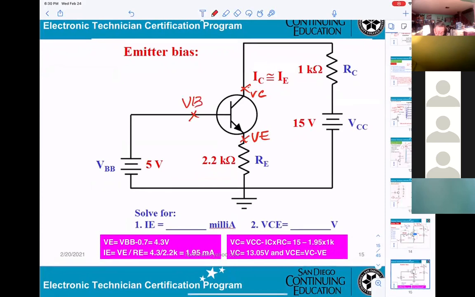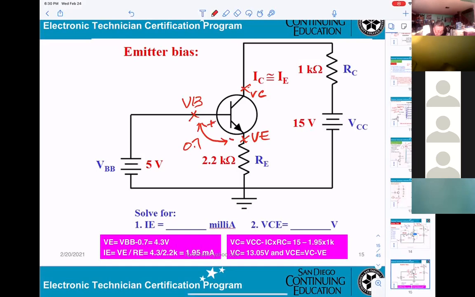When they say VE, that means the voltage from here to the ground. You understand the voltage here? What voltage? 0.7. Make sure you remember 0.7, positive here, negative here.